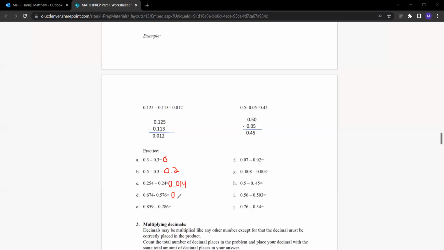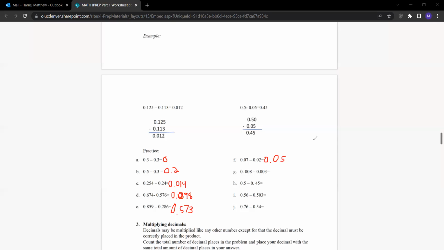And when you do that, you're going to get 0.098. All right, next we have part E, 0.859 minus 0.286. And when we line those up and do our math, we get 0.573. Let's move on to part F. You have 0.07 minus 0.02.